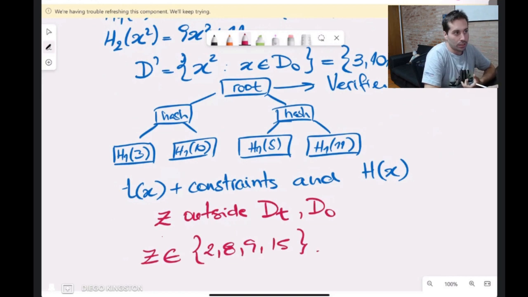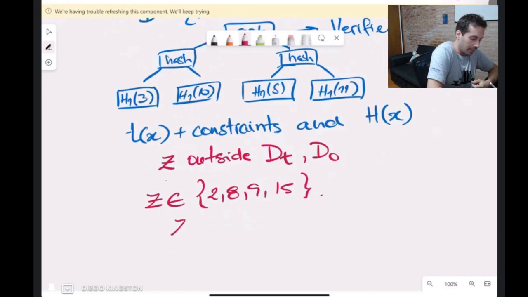So the verifier will sample one of these elements and tell the prover, okay, tell me the value of the polynomial and the trace polynomial at this z. Say, for example, the verifier samples z equals 8.